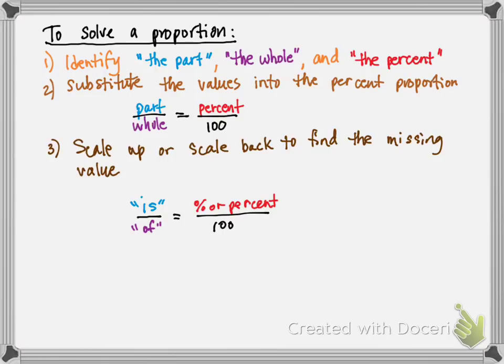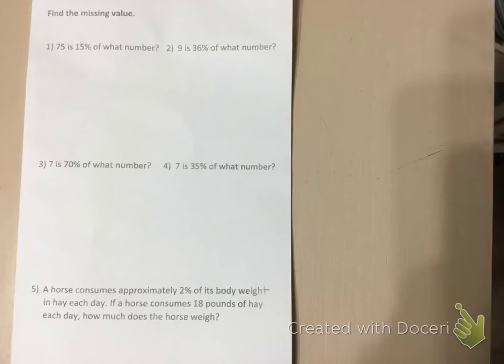So we're going to do, looks like 5 examples. So let me get to the next page. Hold on one second. Alrighty, so our directions say find the missing value. But in order for us to find the missing value, we need to place numbers into the spots.